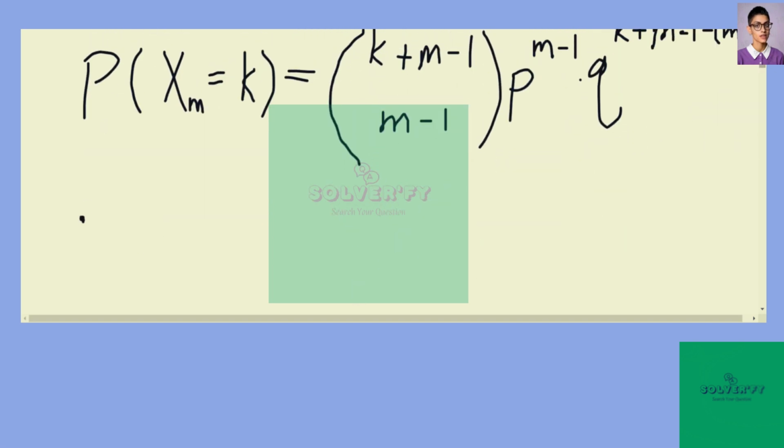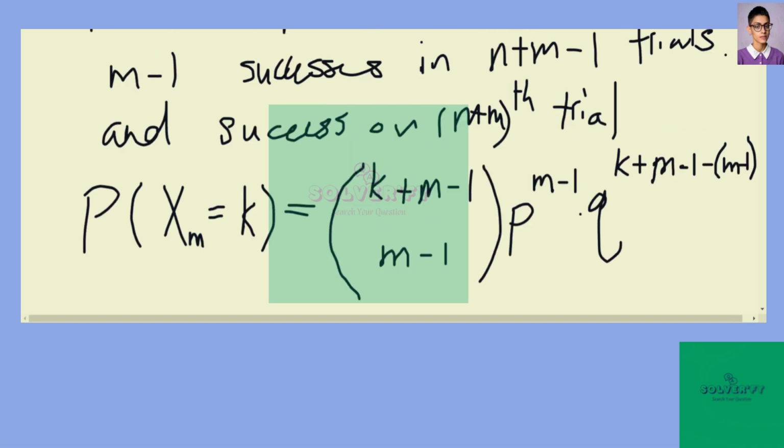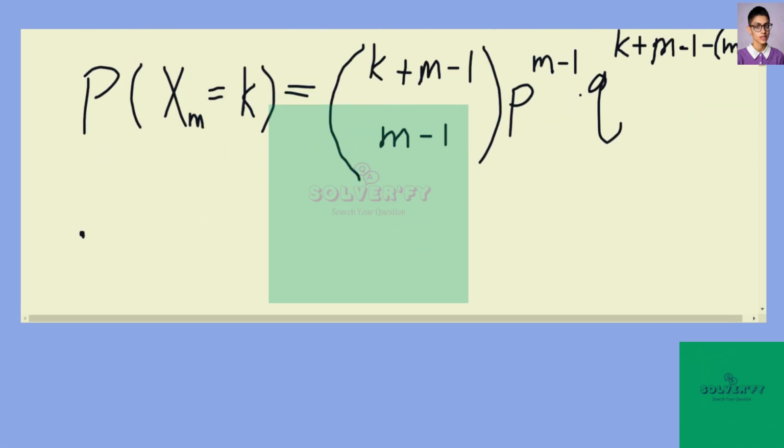And finally, because the trials are independent, we can simply multiply this by the success on the (k plus m)th trial, which is just p.